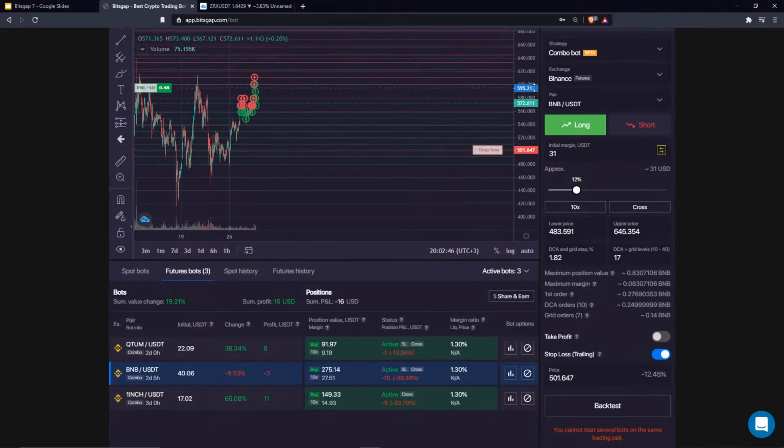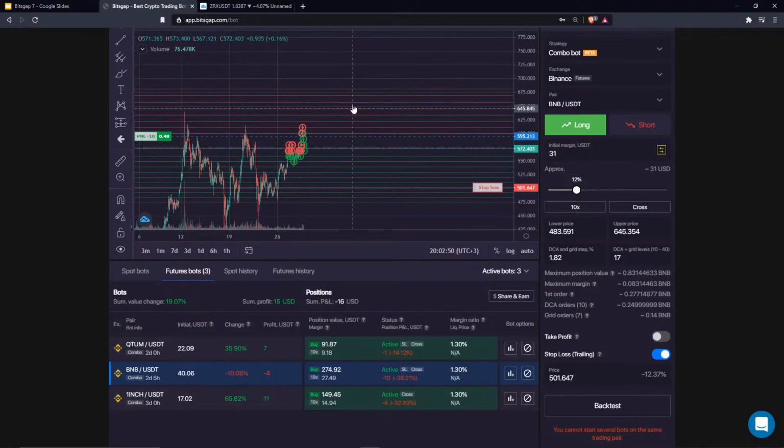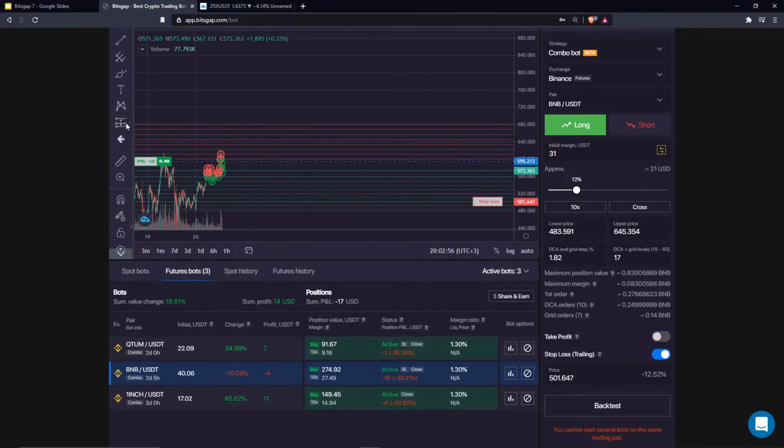So that means that as the price goes higher for the long strategy, my stop loss will move higher as well. So at some point you will see that, let's say we traded like this and now we are trading over here. Okay, so assume that we are now here, BNB at $760. So you will see that your stop loss will be around this area.